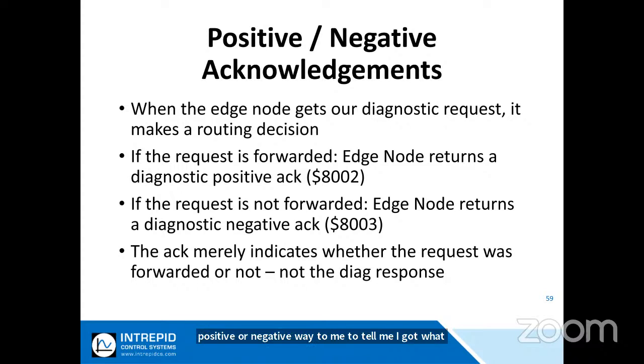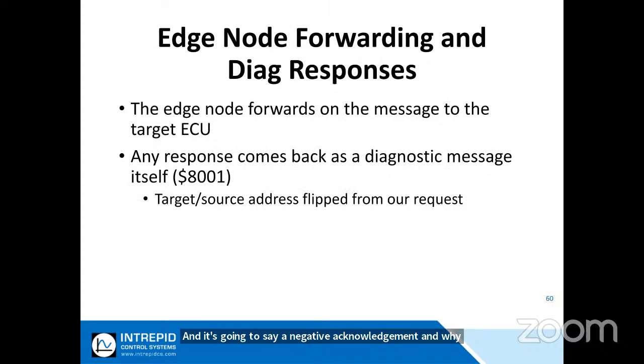I'm sending it to the ECU, which is a positive acknowledgement. Or if for some reason it does not like it, it's gonna send us an 8003 back to the test tool, if you will, and it's gonna say a negative acknowledgement and why it did not work. Okay, and I believe I got the list of that in here as well.